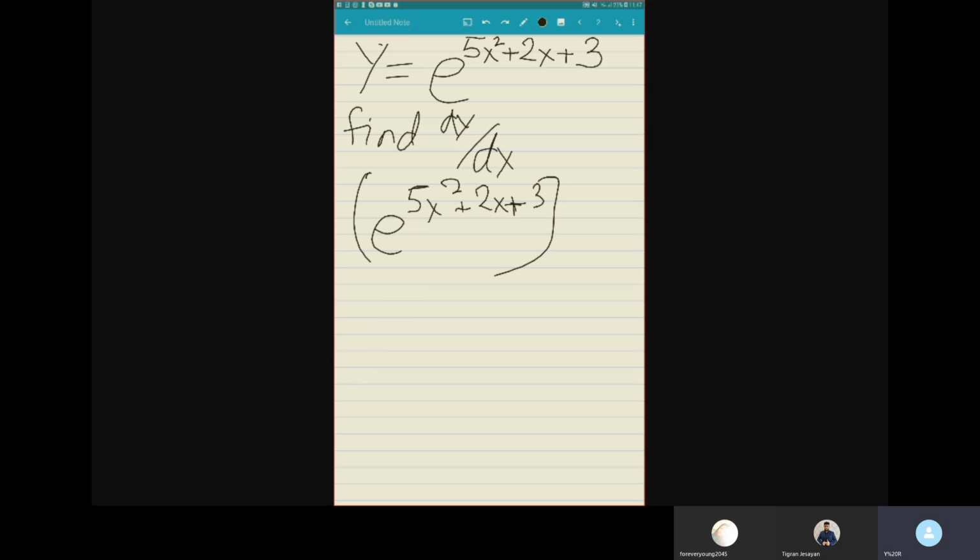So do you want to do it together or do it by yourself first? I'd like to try it. Okay, so my f(x) is just e, right? My derivative of f(x) is just e to the power x. So what you have is e to the power g(x).